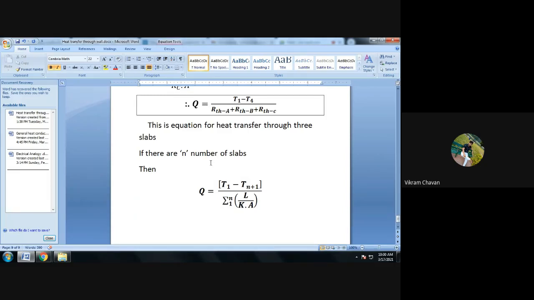Getting everyone? Whether you understood? So the write-up part we will do in the next lecture. Please let me know in the chat box whether you understood or not. Is there any doubt, any question?